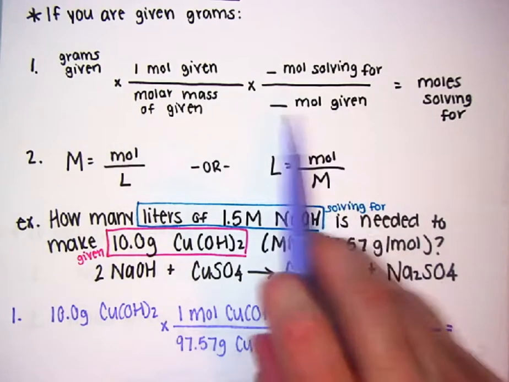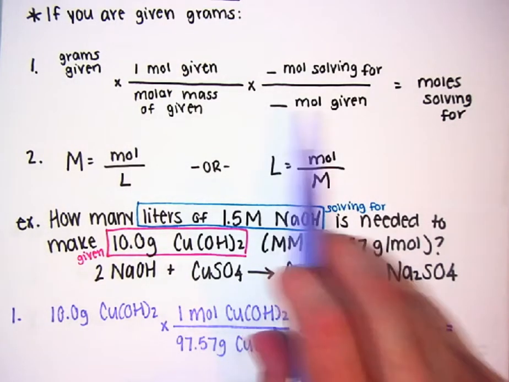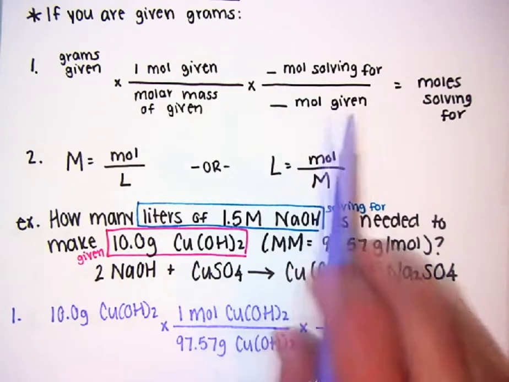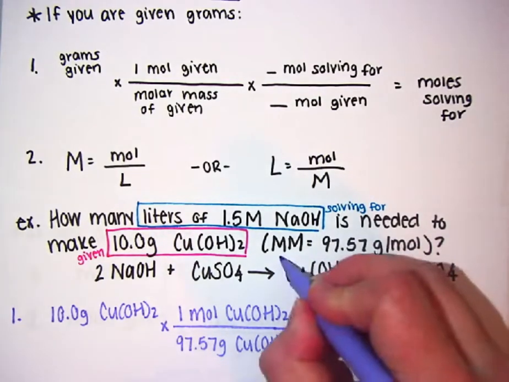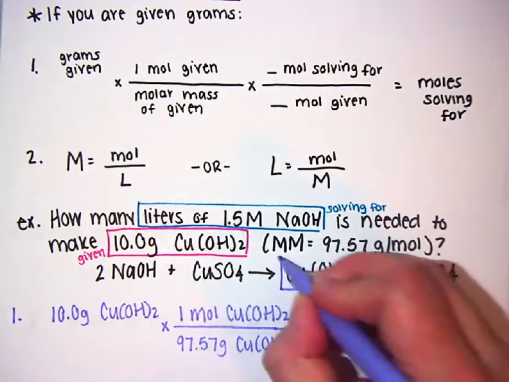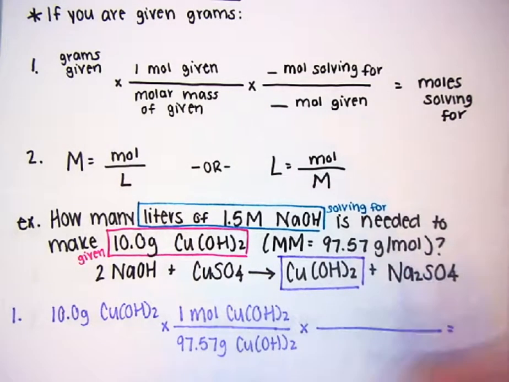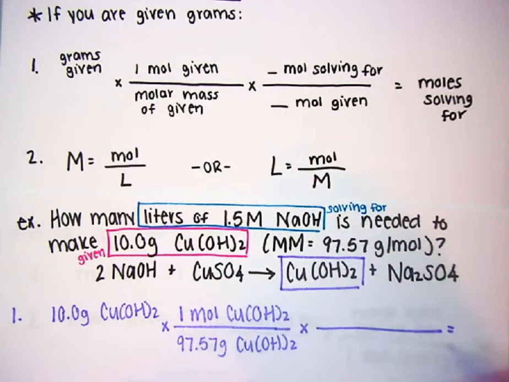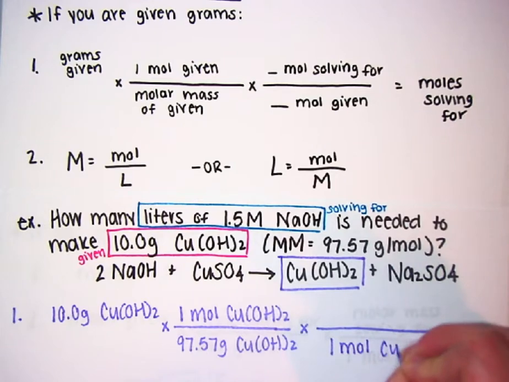Next step. The denominator is moles of the given. This is our mole ratio step. So I'm going to look at my balanced chemical reaction. The number of moles are equal to the coefficient. No coefficient, so that means there's a 1, imaginary 1 there.